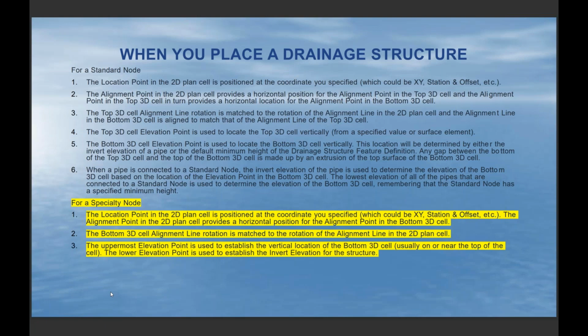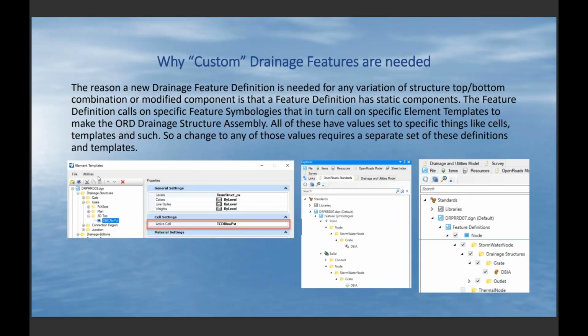But in this particular case, we're going to use it to do basically nothing, because we're going to base everything off the lower elevation point, because it is used to establish the invert elevation for this structure we're placing. And we want that to match where the pipes are coming together. Okay.